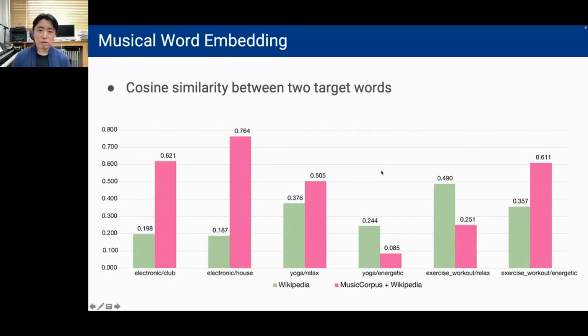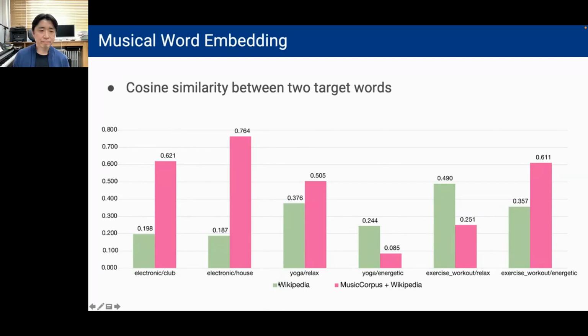After the training, we can measure how two words become closer or farther apart. Between electronic and club, the two words have about 0.198 cosine similarity when the word embedding is trained on Wikipedia. On the musical word embedding, the cosine similarity of the two words dramatically increased, because electronic is a music genre and is played a lot in music clubs in a music context.